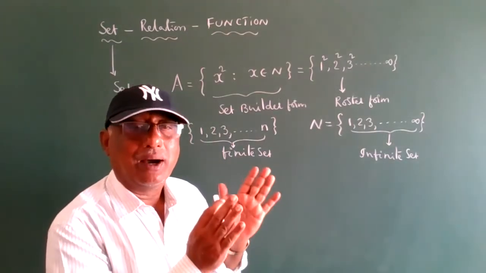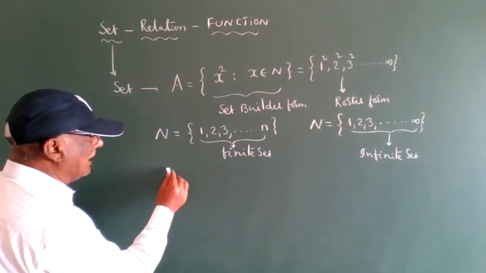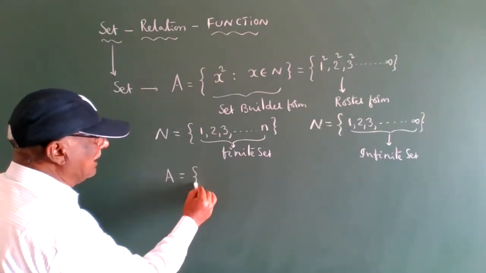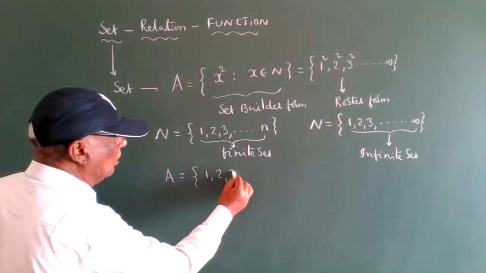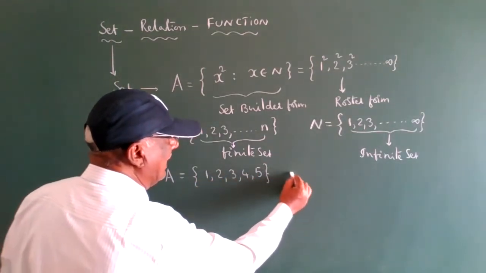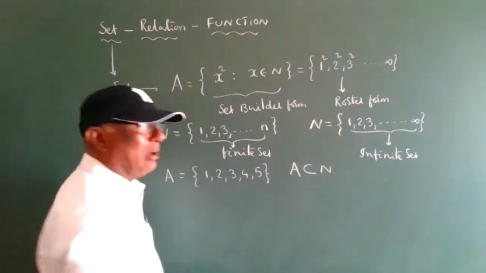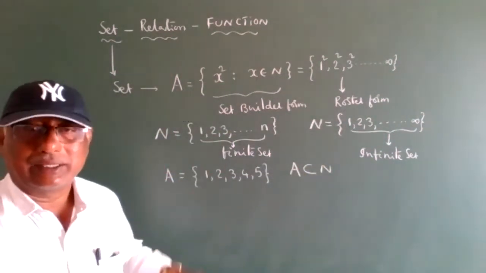It is represented by A; I am taking some elements 1, 2, 3, 4, 5. Therefore, A has only some elements of the set.